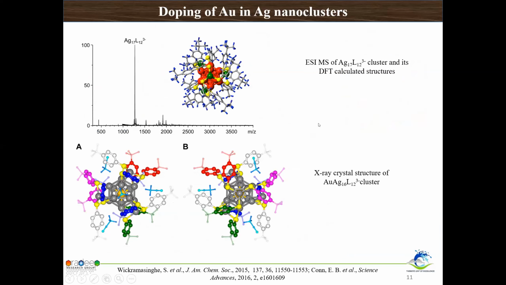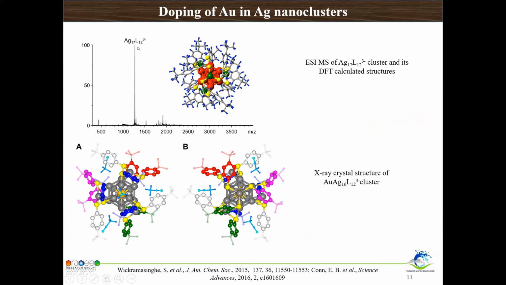Similarly, the doping of gold in silver nanoclusters is also interesting. Mostly, the doping of gold enhances the stability of silver nanoclusters. One such example is shown here.